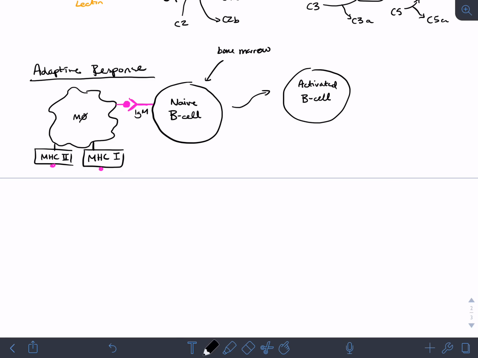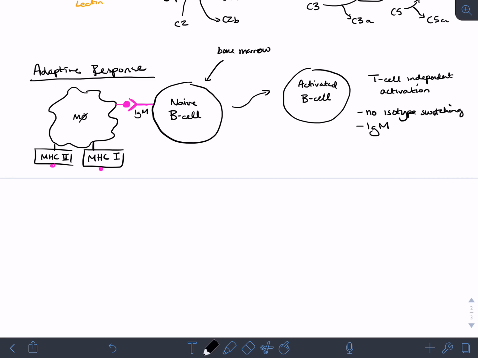This is because this is a T cell independent activation. As in, this B cell has been activated independent of a T cell. So because of this, there is no isotype switching. What that means is that this activated B cell is stuck in IgM.